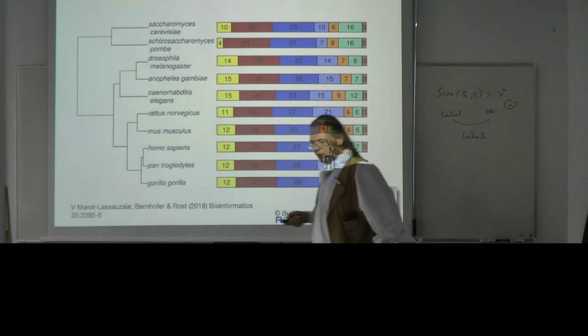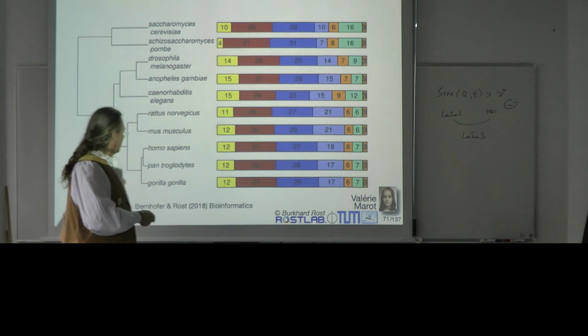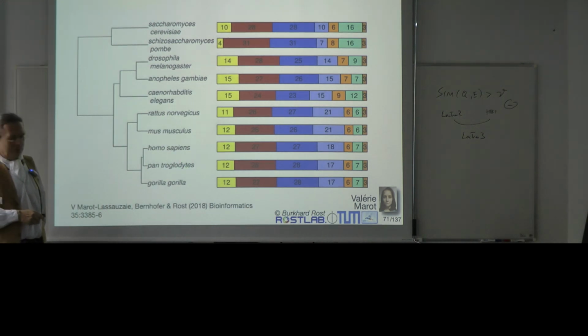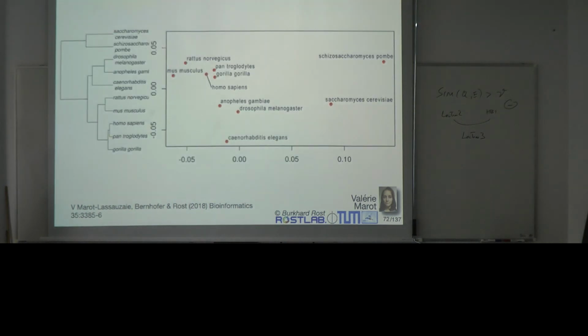And interestingly enough, for the species shown here, we switched the orangutan to a chimp, not because the orangutan gave a wrong result, simply because of availability of data. And you see this tree makes sense if you do it in 2D rather than 1D. In the first eigenvector, second eigenvector, or principal component, you see that the yeast species are completely here.